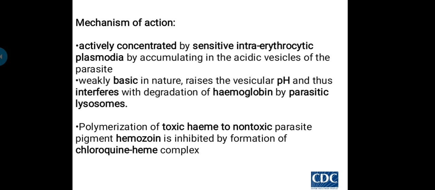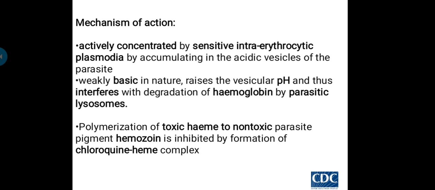So chloroquine is a basic drug, and it is stored in the intraerythrocytic vesicle and raises the vesicular pH, and this prevents the conversion of heme to hemozoin, and there is formation of the heme-chloroquine complex. This inhibits the polymerization of the toxic heme to the non-toxic parasite pigment hemozoin. Remember, heme is toxic for the parasite, so it wants to convert heme into hemozoin for its survival.